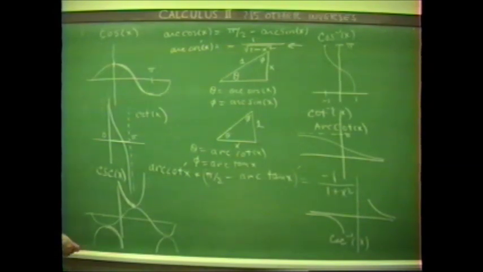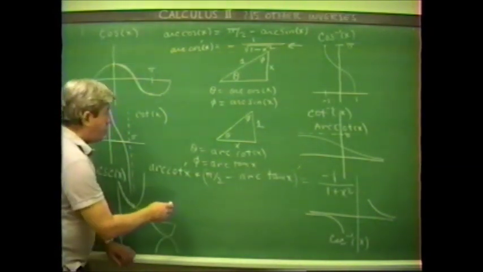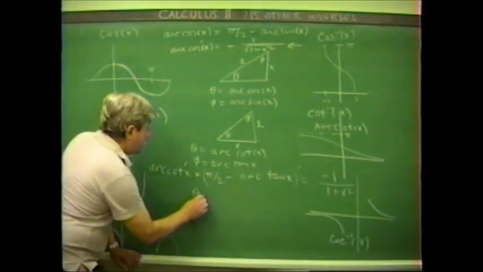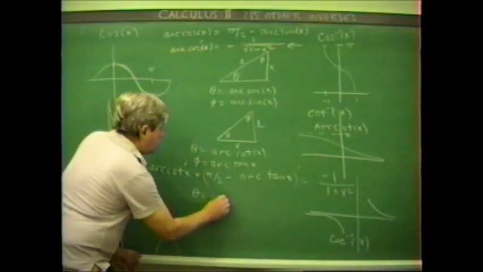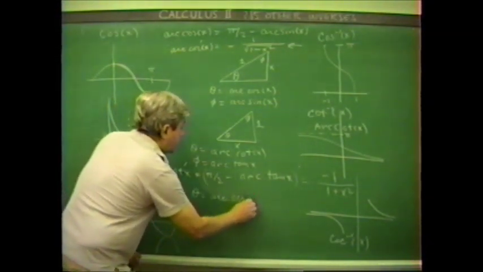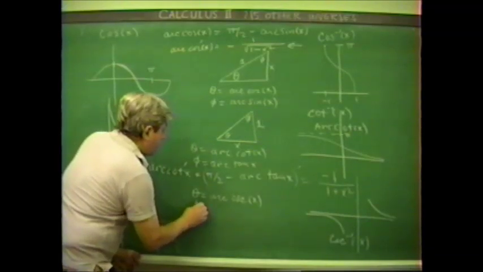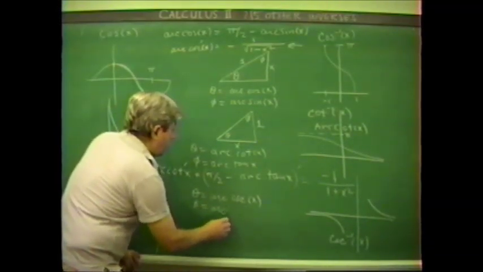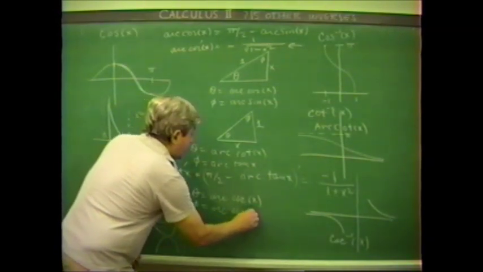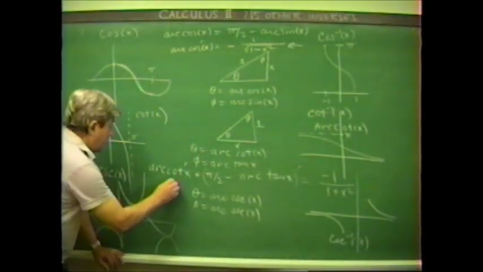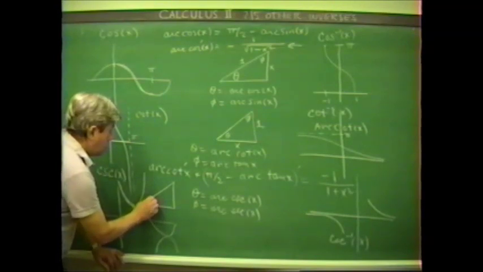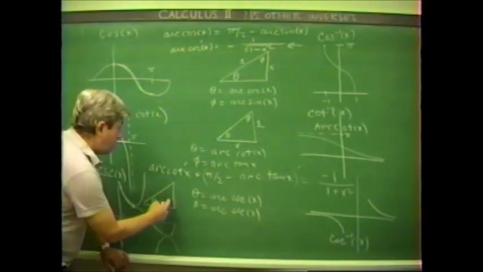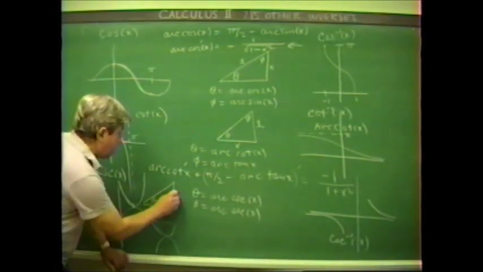Okay, again here, if you draw a triangle, you find that if theta is equal to the arc cosecant of x, then phi is the arc secant of x. For example, if theta is the arc cosecant of x, the angle whose cosecant is x, that's going to be x to 1.